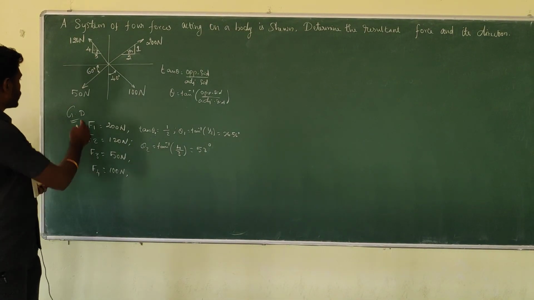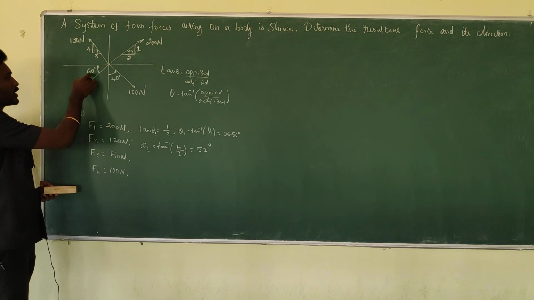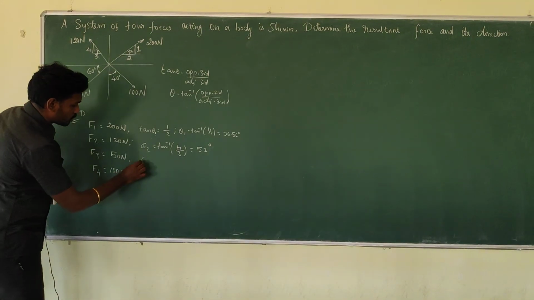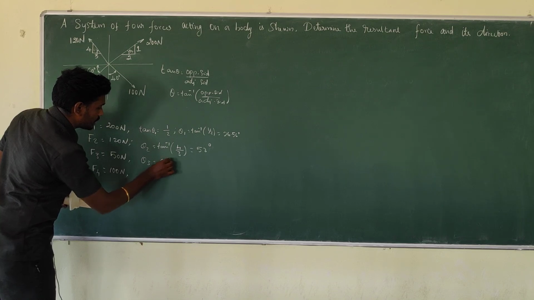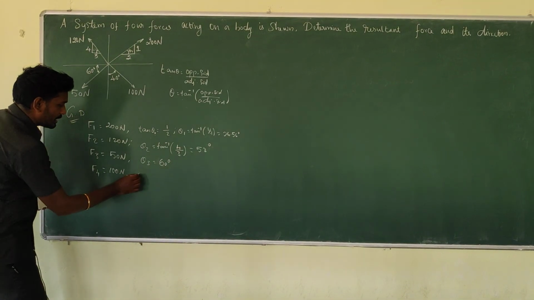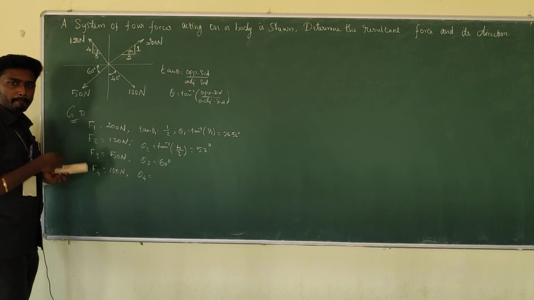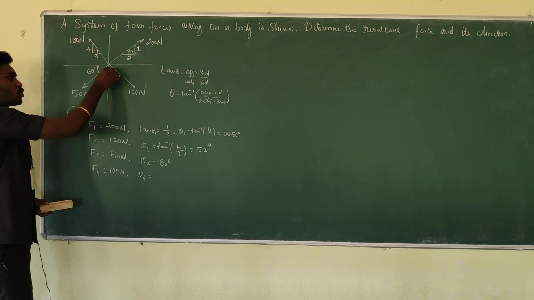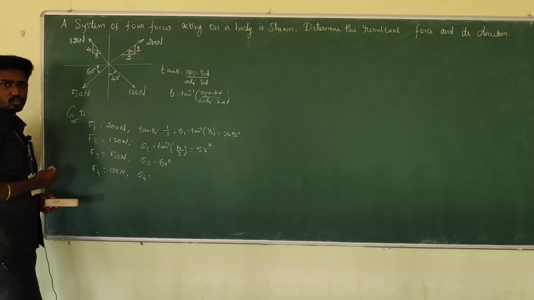And move to the next force F3. It is directly given theta with respect to x axis, it is 60. So theta 3 is 60 degree. And what about the theta 4? Which is given as 40, but this inclination angle is given with respect to y axis.